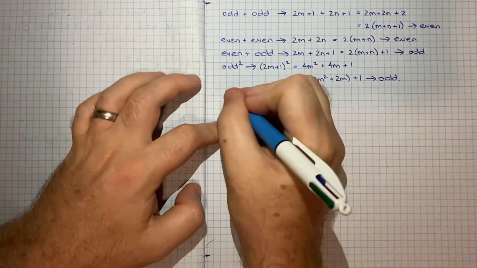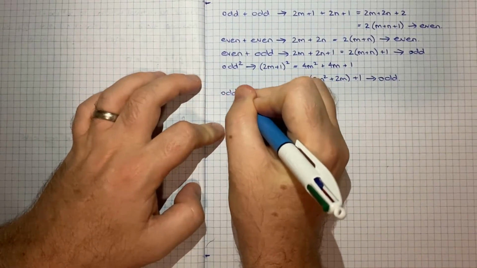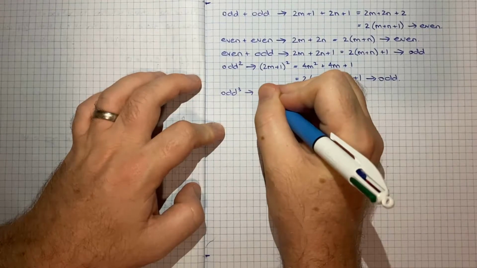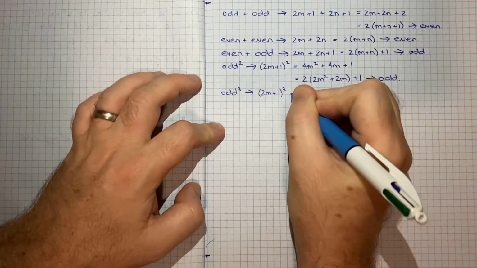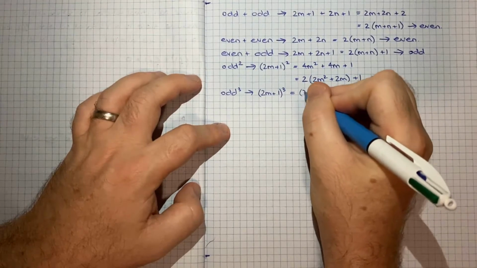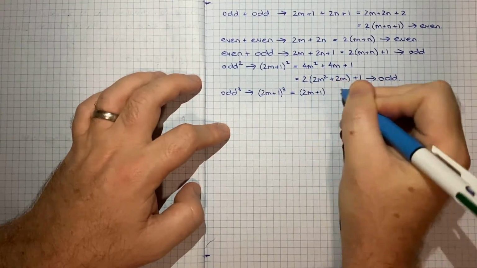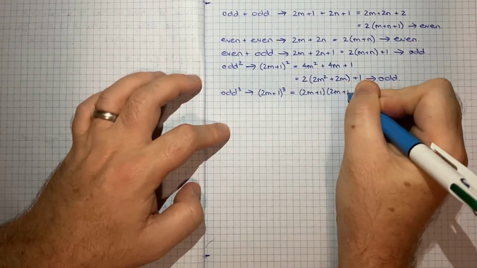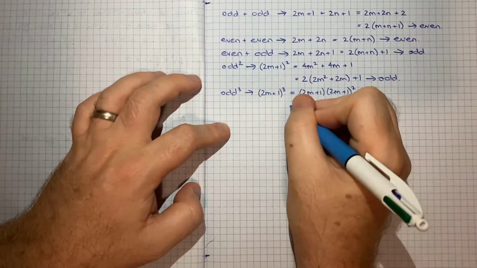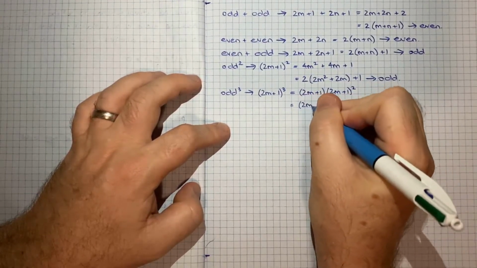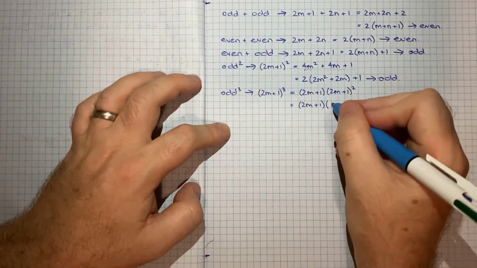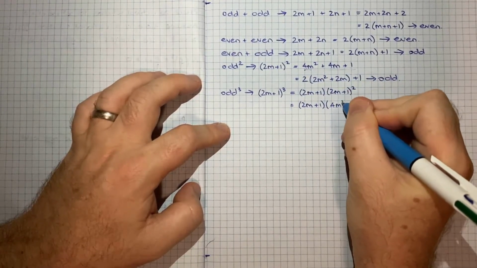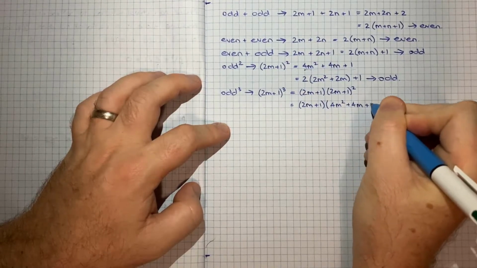What if we take an odd number cubed? That would be in the format (2m plus 1) cubed, which I could write as (2m plus 1) times (2m plus 1) squared, which I could expand as (2m plus 1) times (4m squared plus 4m plus 1).